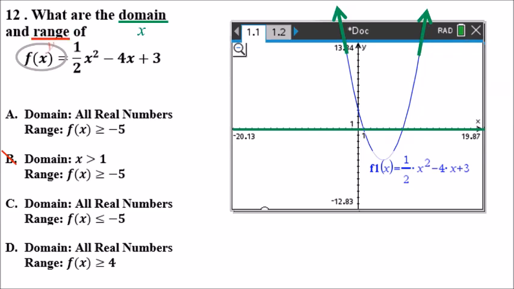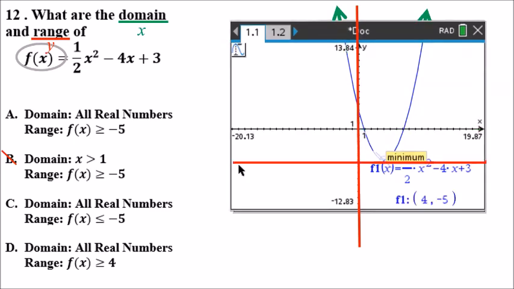For range, range means our y values. So I'm looking here at the y-axis. All of my answers say f of x, which is the same thing as y. So I just need to figure out where I can crop this picture. I can crop it here at the bottom, but I cannot crop it at the top because the top is going to keep going. So I cropped it down here at the bottom at -5.